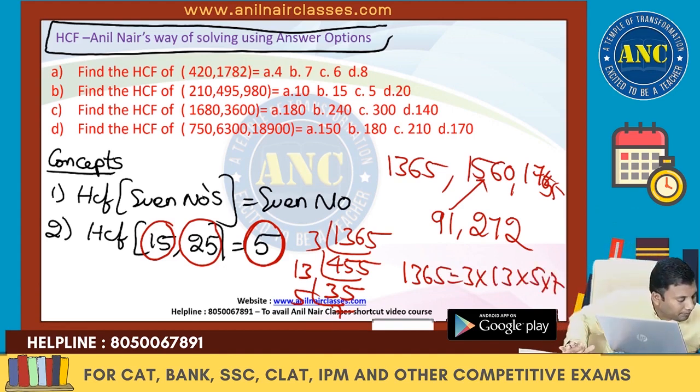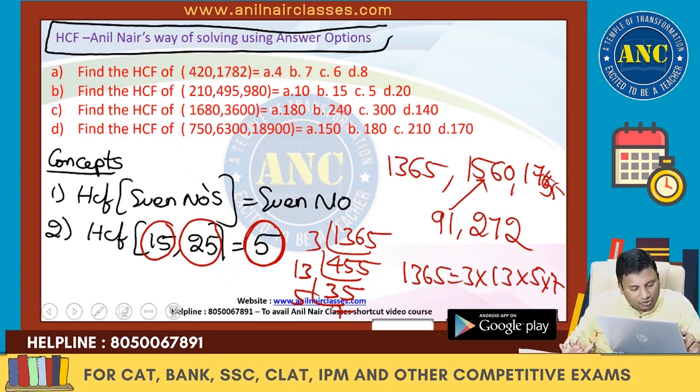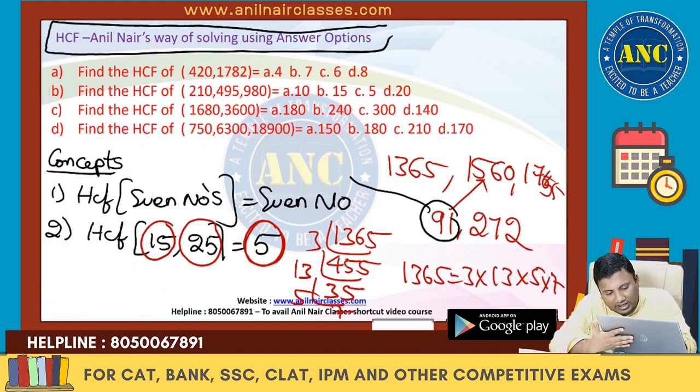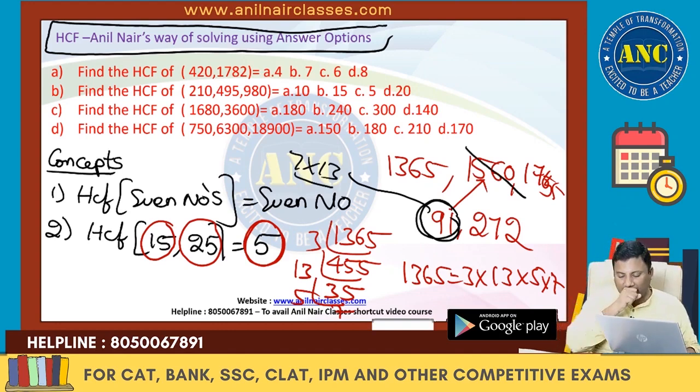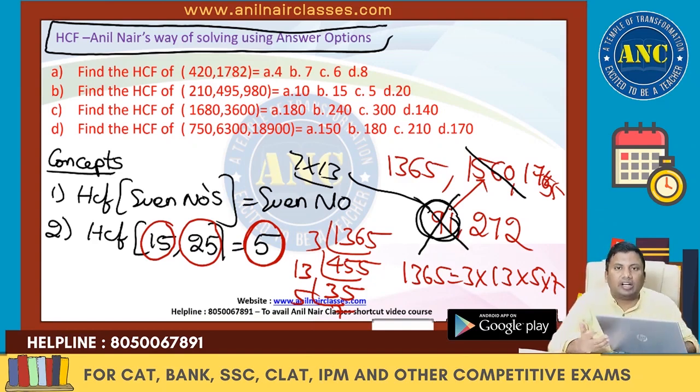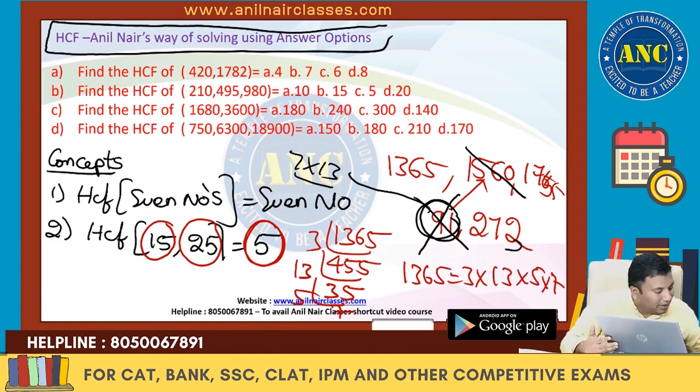Now this is for you, Srikanth. 91 is derived from 7 and 13. If I take 91, the number should be divisible by 7. 7 2s are 14, 16. 1560 is not divisible by 7. If it is not divisible by 7, how can it be divisible by 91? I hope it is clear. Next one. It is 273, beta, not 272.